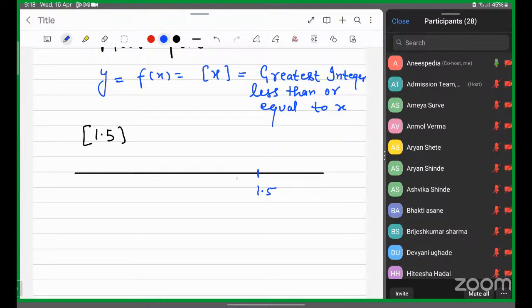So integers less than 1.5 will be 1, 0, -1, -2, and so on. Out of these integers, I have to select the greatest one. So out of these integers, greatest will be 1. So the value of greatest integer 1.5 will be 1.